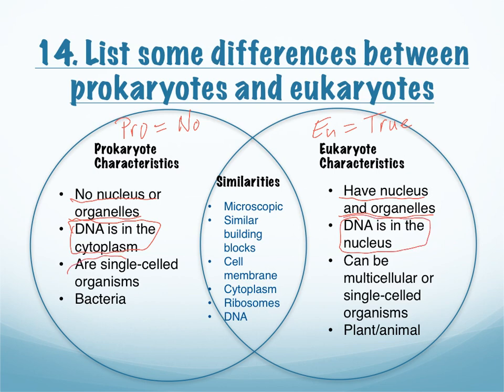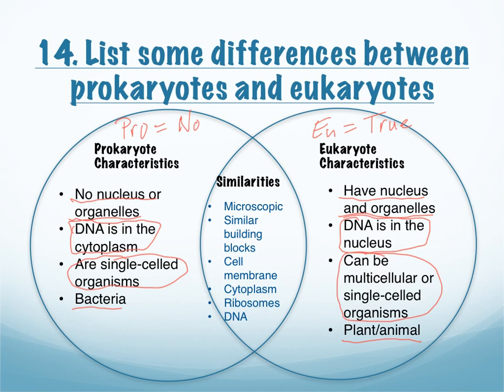Prokaryotes are single-celled organisms. Eukaryotes can be either multicellular or single-celled organisms. Bacteria would be prokaryotes. Plants, animals, fungi, protista would all be eukaryotes.